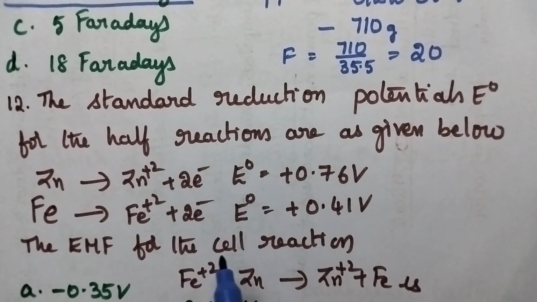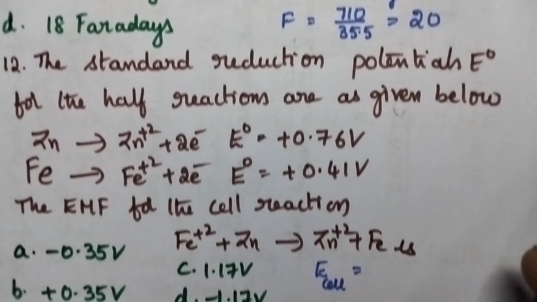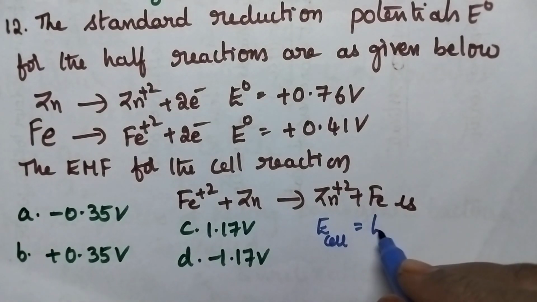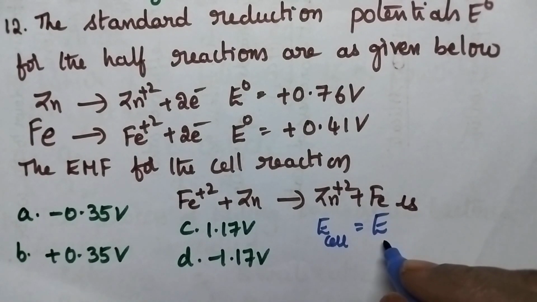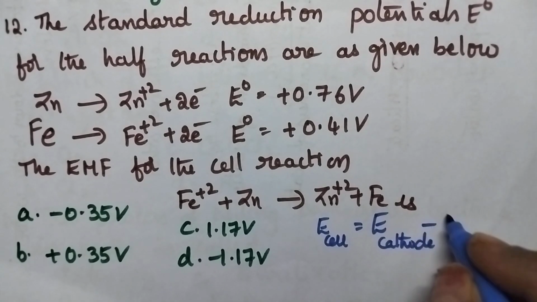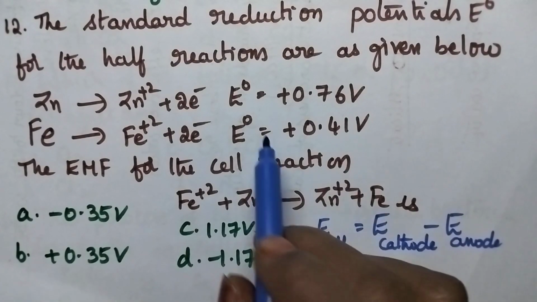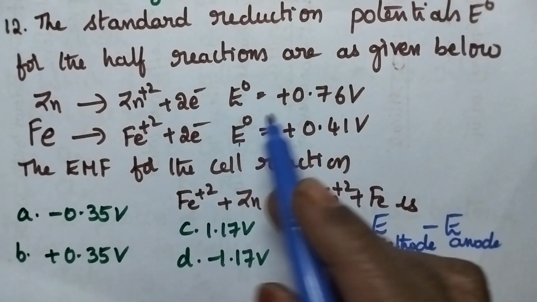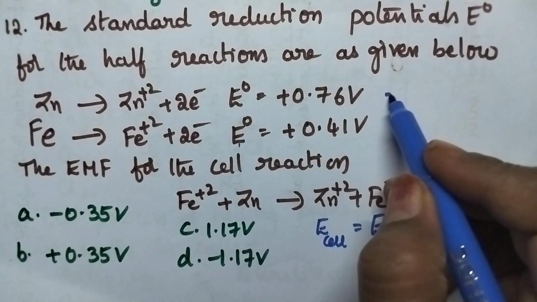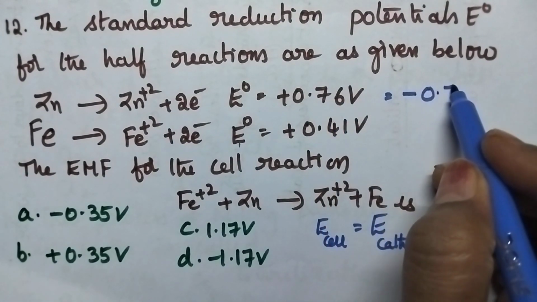While calculating the EMF of the cell, always remember the EMF of the cell can be calculated using the reduction potentials. Especially, EMF of the cell is equal to E cathode minus E anode. So here we have to convert them into reduction potentials.